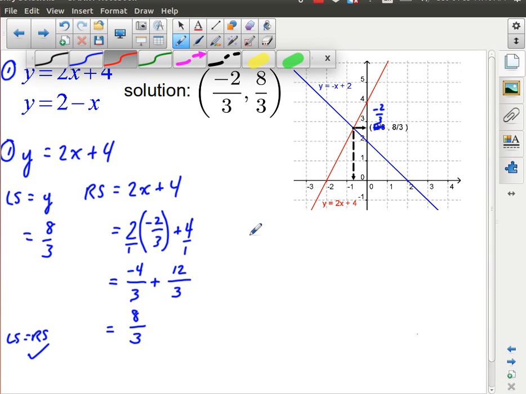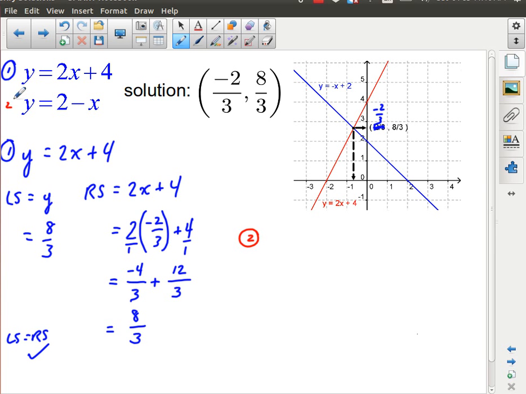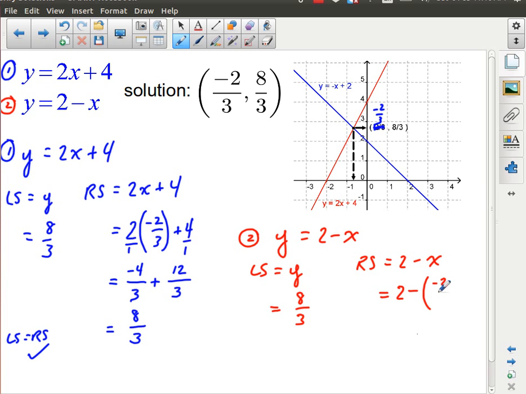Okay, so now equation number 2. y equals 2 minus x. Left side is equal to y. Right side is equal to 2 minus x. y is equal to 8/3. Right side is equal to 2 minus, and instead of x, I'm going to put negative 2/3. 2, well again, I'm going to have this common denominator of 3, so I might as well just go ahead and change this. 2 over 1 becomes what over 3?